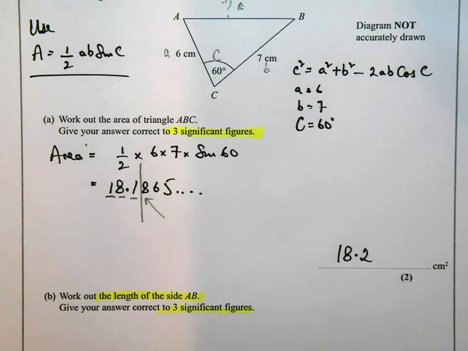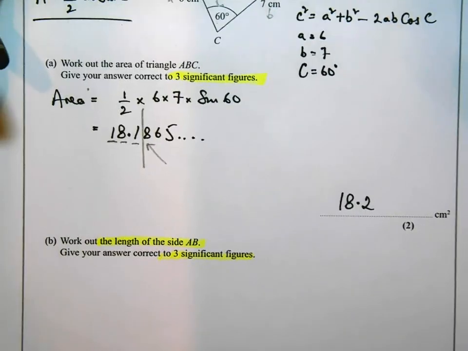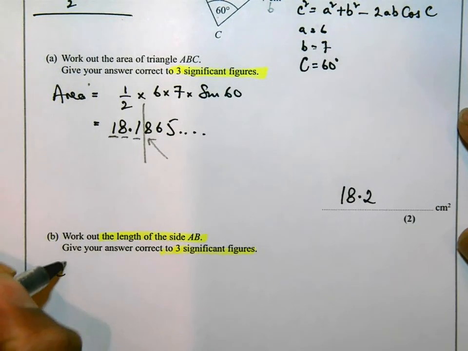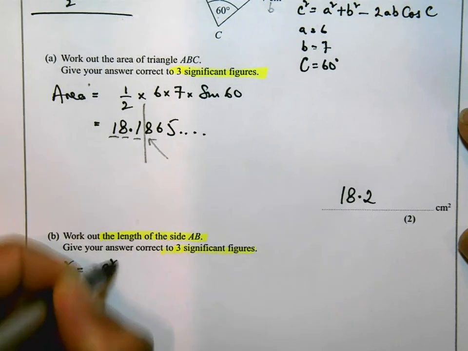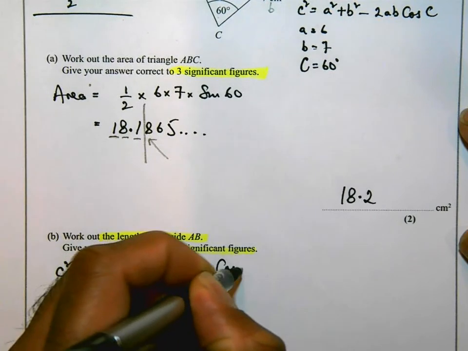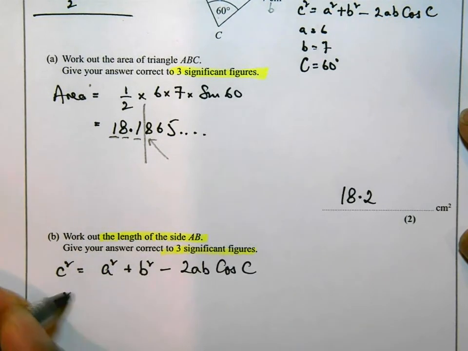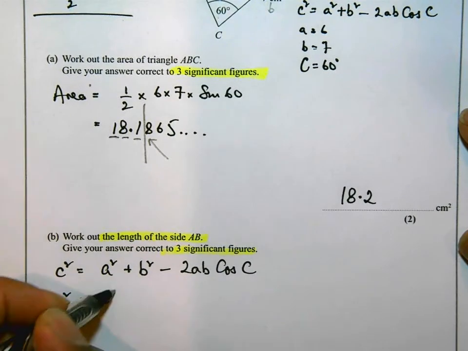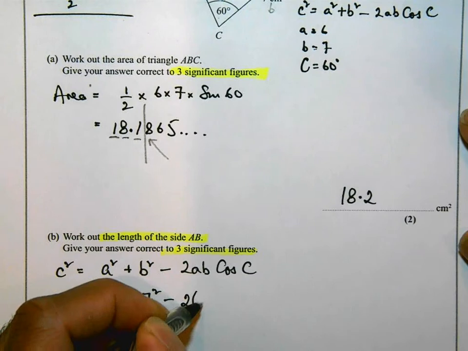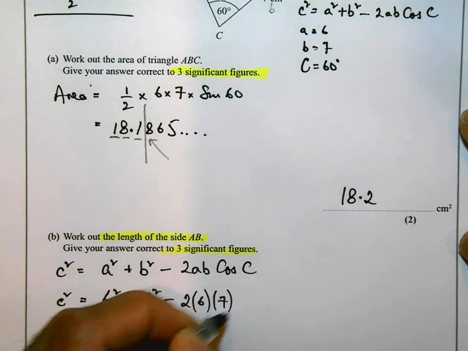I could rewrite them in the section for part B. I'll just rewrite the formula: c squared is equal to a squared plus b squared minus 2ab cos C. I'll do the substitution, I'll pick up a mark for this: 6 squared plus 7 squared minus 2 times 6 times 7 times cos of 60.